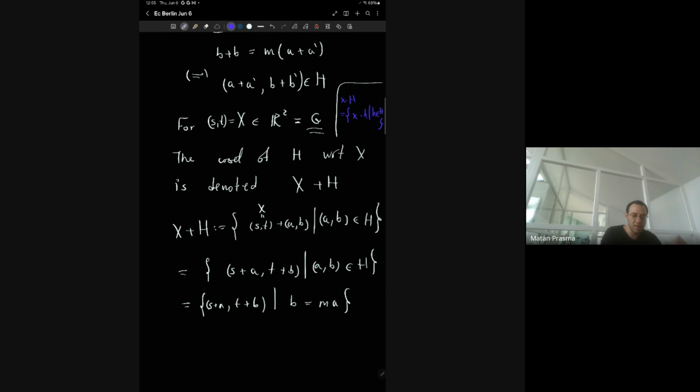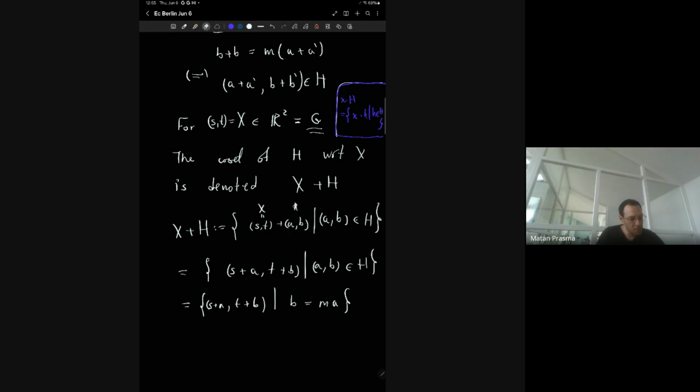So if I do this for our case, this is x operation (a, b), where (a, b) is in h. This (a, b) now takes the role of h in the purple part. Is this clear? It's clear, yeah.